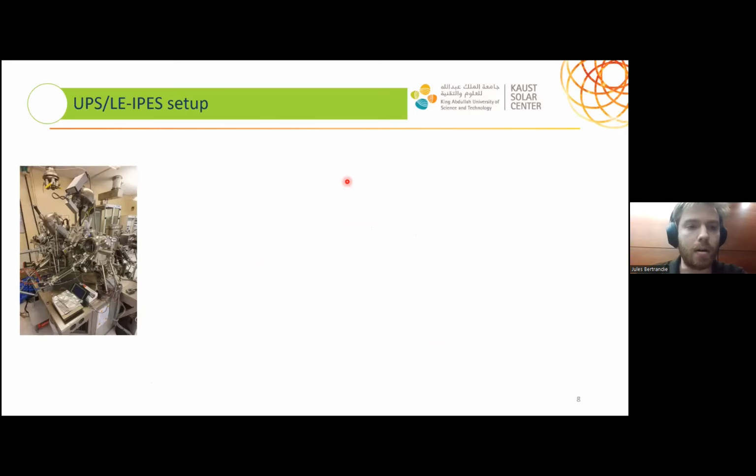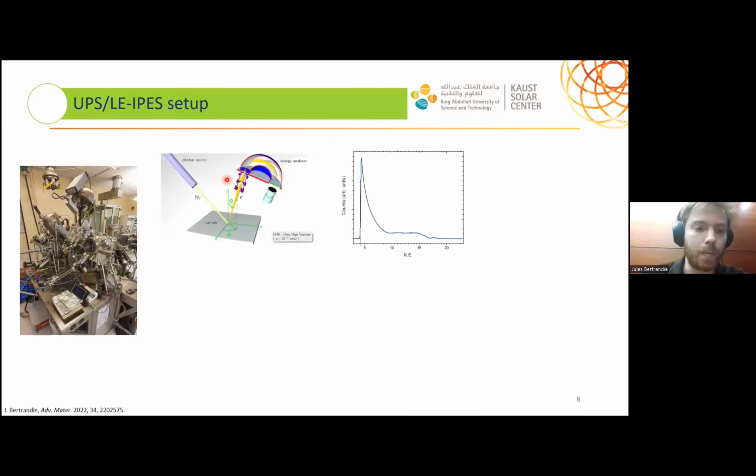Now the photoelectron spectroscopy. It's quite a bigger setup compared to the cyclic voltammetry. It's an ultra high vacuum setup. With this setup, we can measure UPS, ultraviolet photoelectron spectroscopy, where we send photons on our devices.